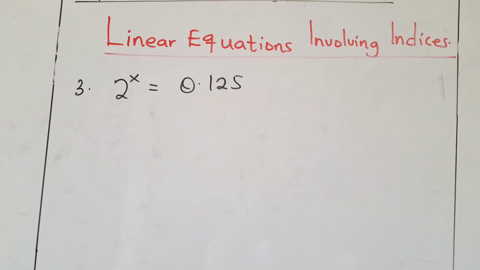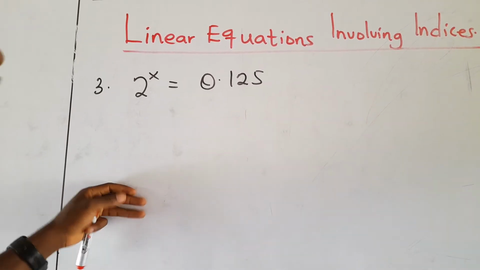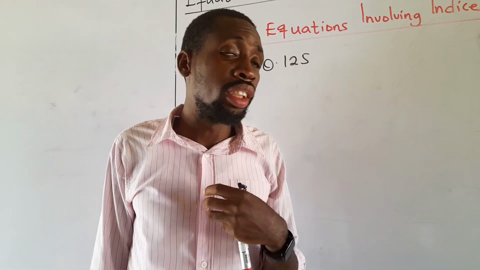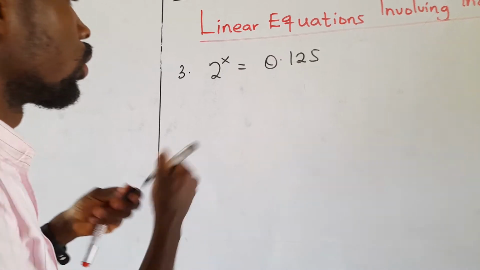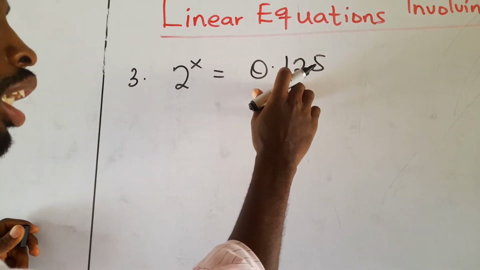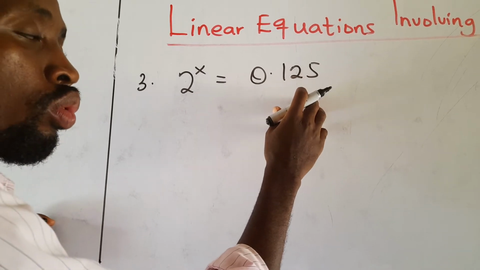Now let's look at the third question. Please, you can pause the video and see if you can find the solution to this. Now compare your answers with mine. So remember, our task is to make this have a base of 2.